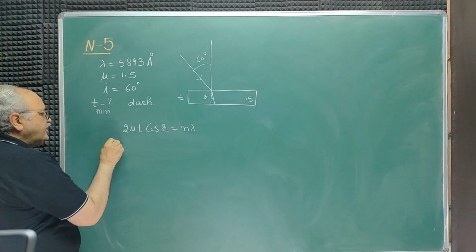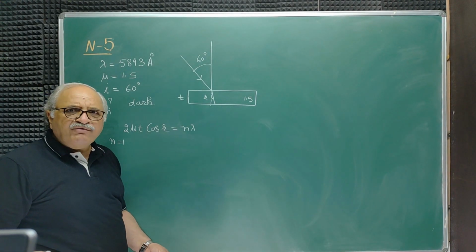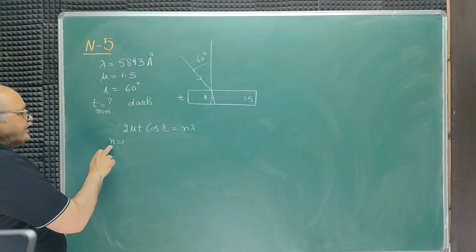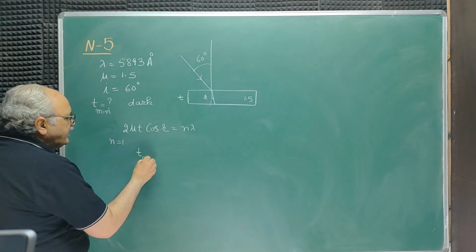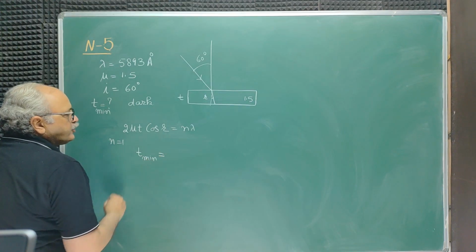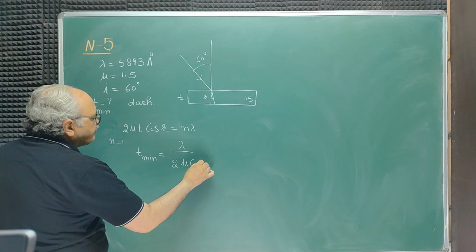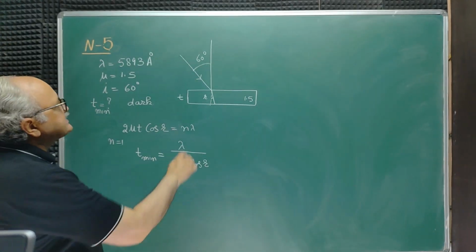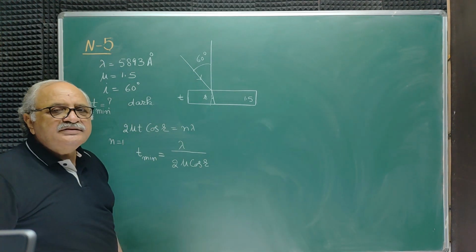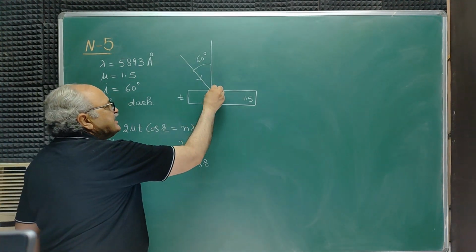So the minimum value of n is equal to 1, because n equal to 0 means then no film is there. So n equal to 1 is the minimum possible value. So t minimum is equal to lambda divided by 2 mu cos of r. In the question they have given us angle of incidence and we have to find out the angle of refraction by using Snell's law at this point.